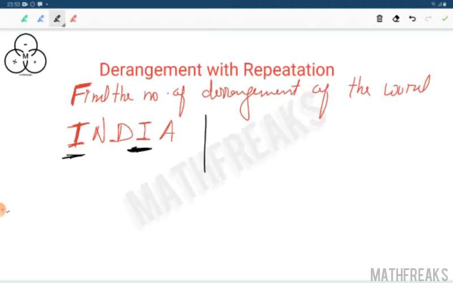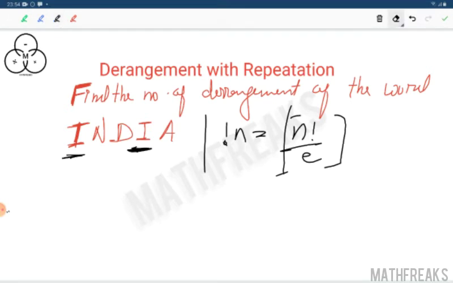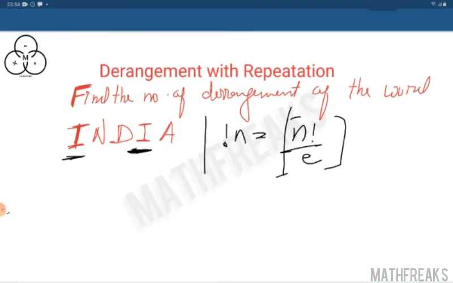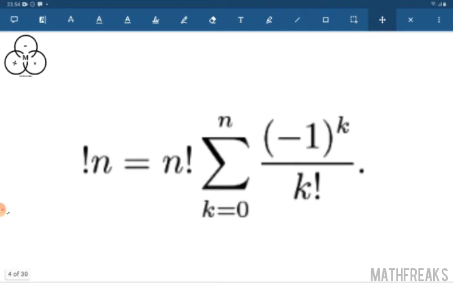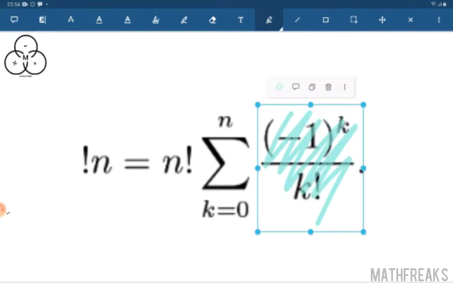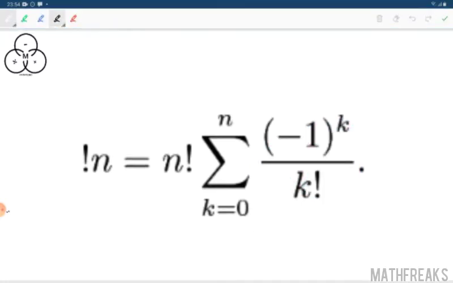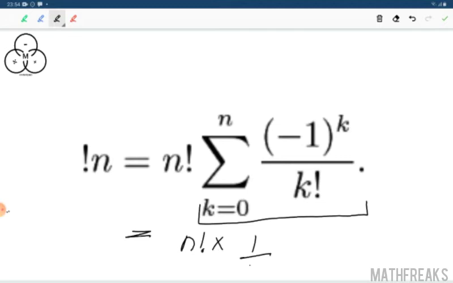So our formula of subfactorial n equals n factorial over e will not work. Now how is this formula n factorial over e coming? This was the formula of derangement that we learned. This part, approximately, when n tends to infinity gives us the value of one over e.